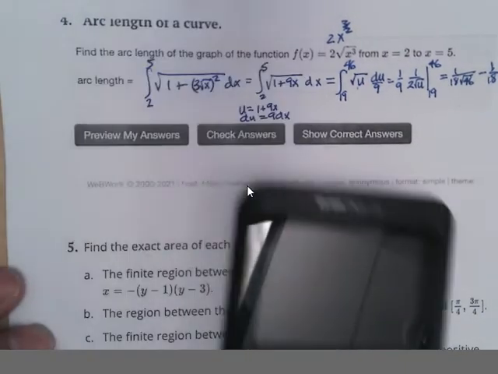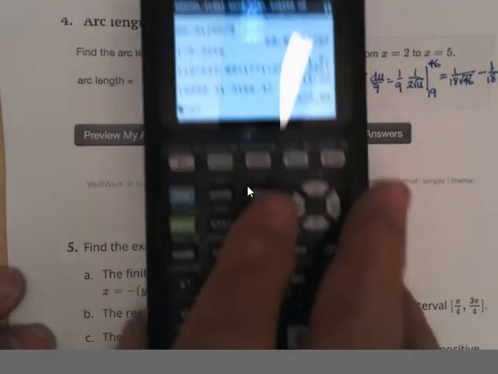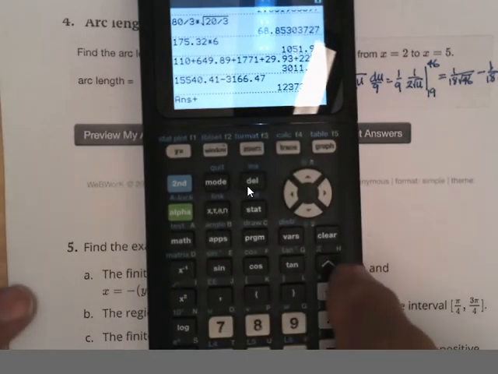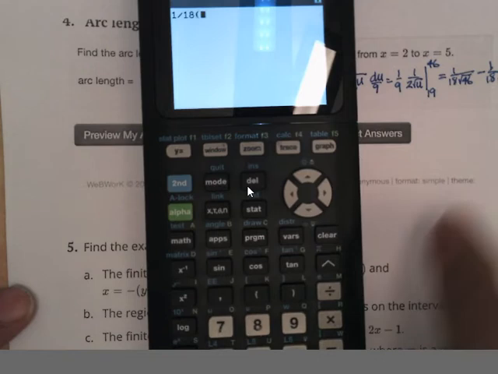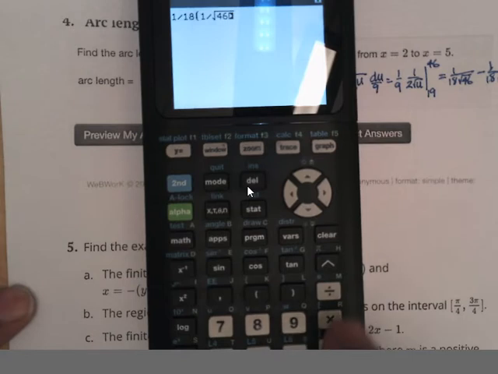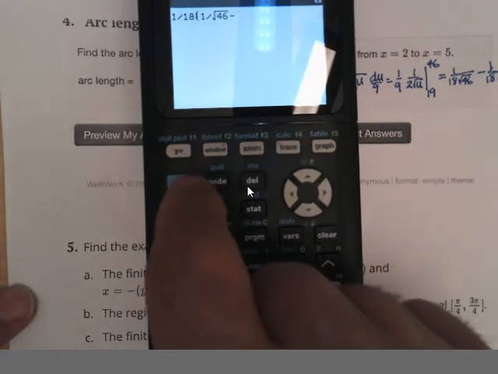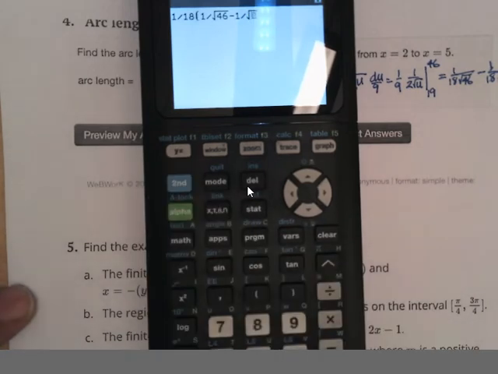We could have also done this with the calculator. Let's see what that number is, make sure I didn't make any mistakes. So that's 1/18 parenthesis 1 divided by the square root of 46 minus 1 divided by the square root of 19.